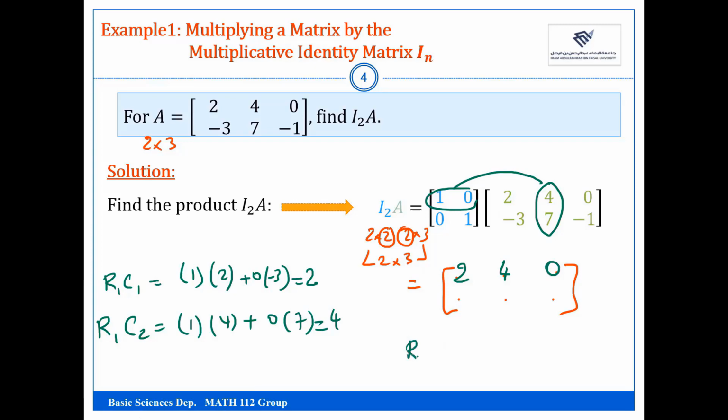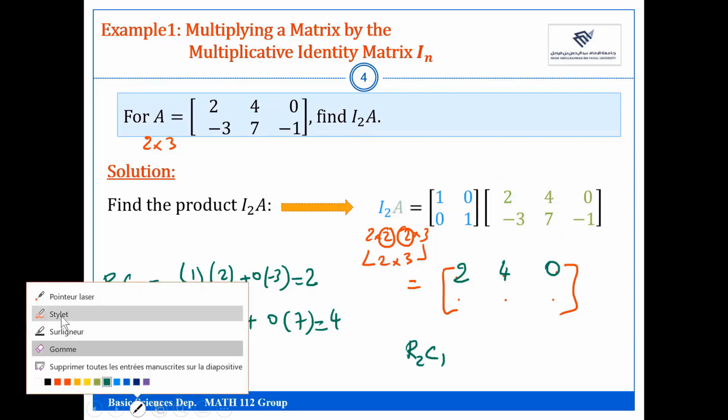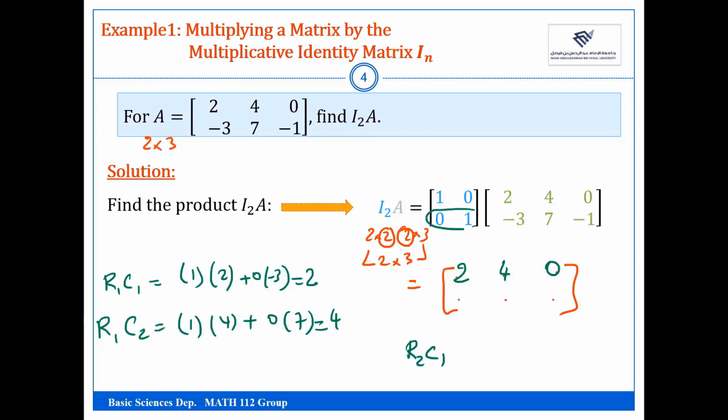This is row 2 column 1: 0 times 2 plus 1 times negative 3, negative 3. And you can check that here you obtain 7 and here minus 1.